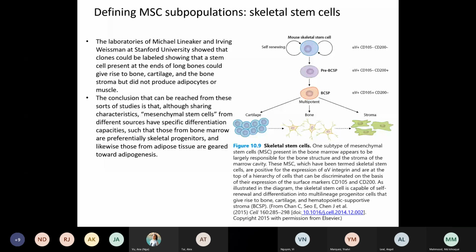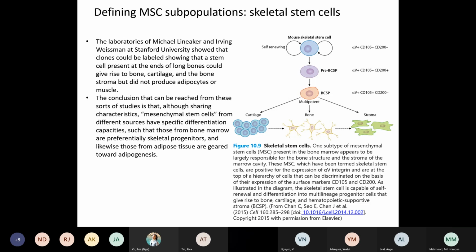So if you compare this to the differentiation potential of mesenchymal stem cells, you feel like, well, these cells may be a more specified stem cell than mesenchymal stem cells. But the tissue origin that they started from is the same. It's marrow, although here it is long bone marrow. Are these two different identities? I don't think so. Maybe the so-called skeletal stem cells are a subpopulation of the general mesenchymal stem cells.